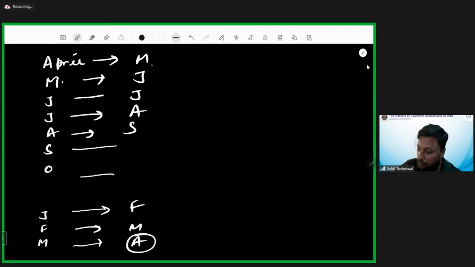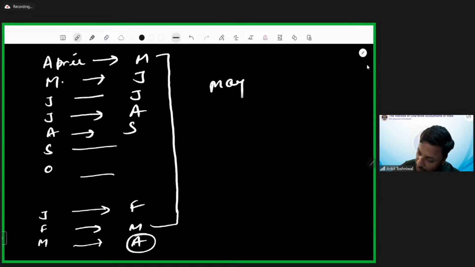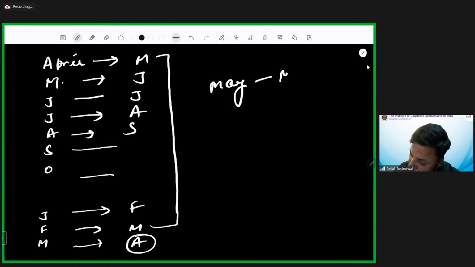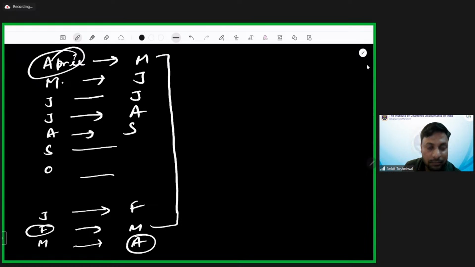So only from May to March salary is taxable. Sorry, pardon. Only from April to February salary is taxable, because March salary will be taxable in the next financial year.